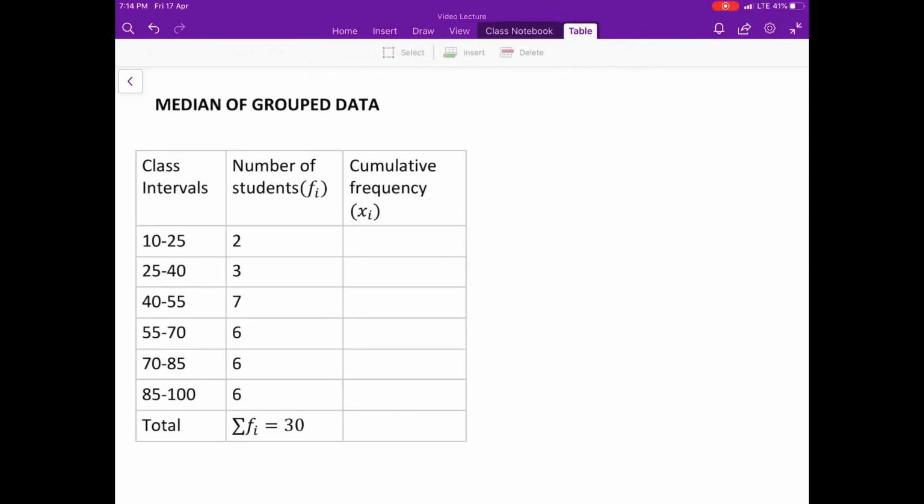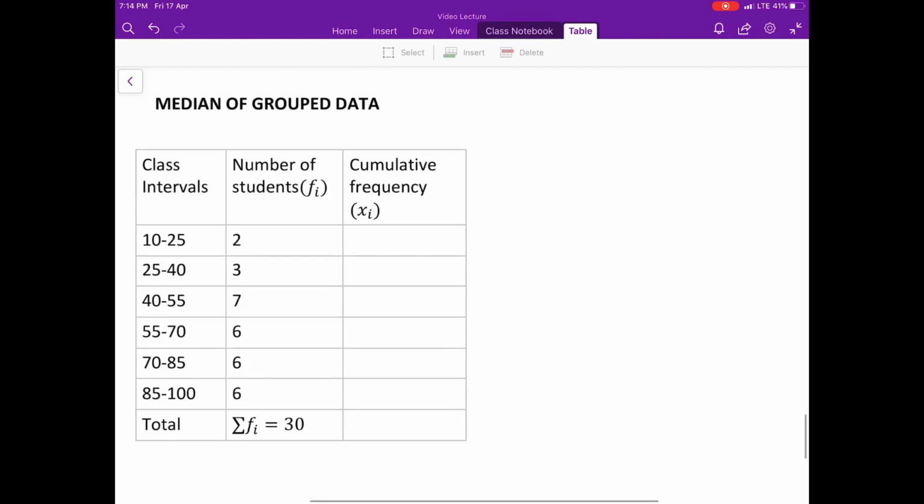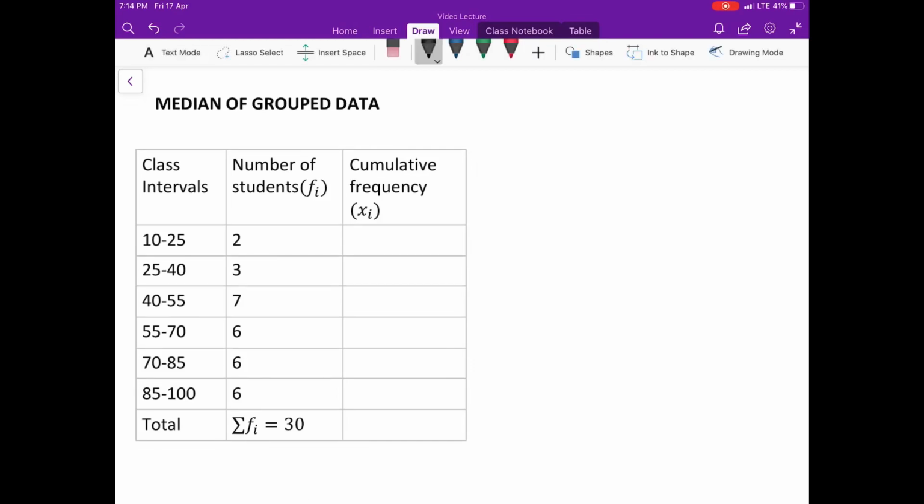Dear students, we have calculated the mode of grouped data. Now we come to the median of grouped data. We calculated the median of ungrouped data in class 9th, where for an odd number of observations the median is the (n plus 1) by 2th observation.